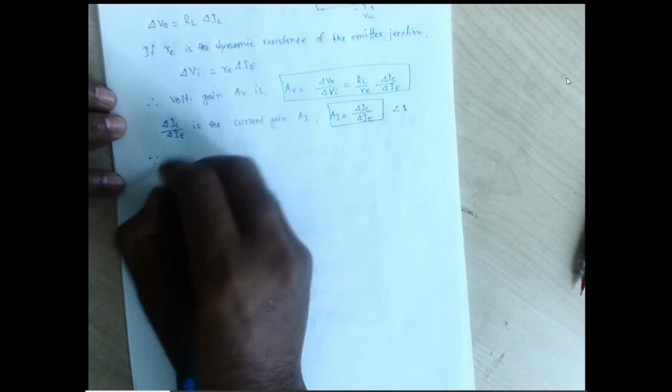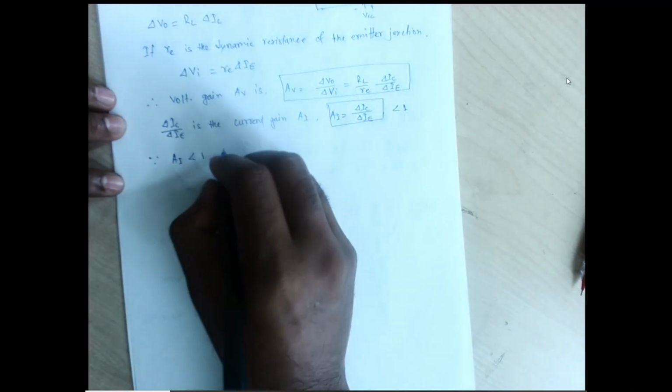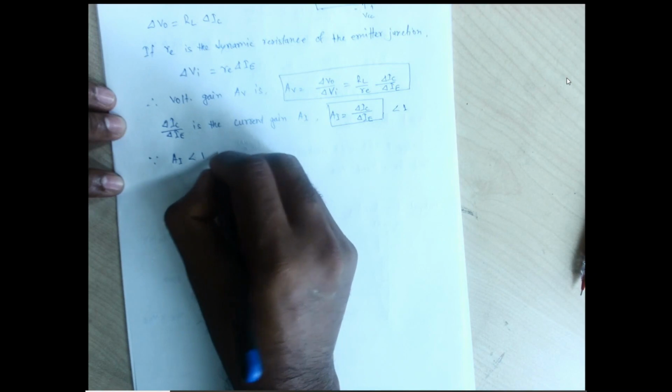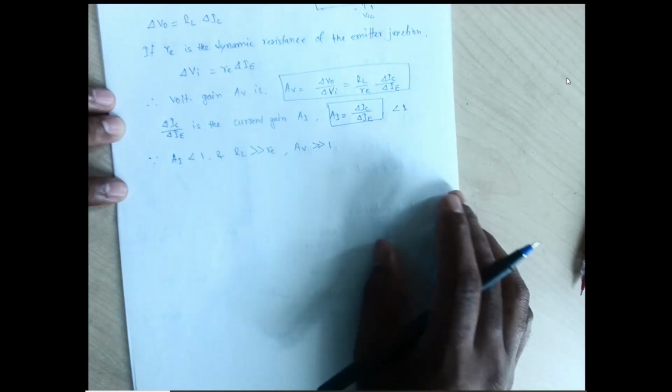Since AI is less than 1 and RL is greater than Re, our AV is greater than unity. This voltage amplification is quite high. Let us consider an example.